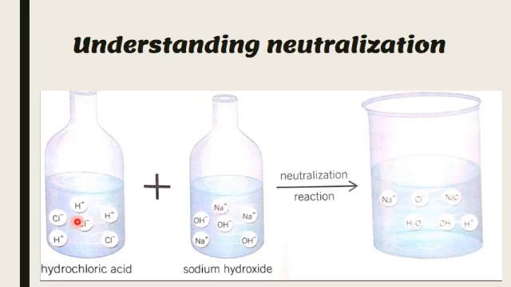When dilute hydrochloric acid, which means it contains more quantity of water, reacts with dilute sodium hydroxide, which also contains a greater amount of water, the hydrogen in the acid is replaced by sodium metal. The salt sodium chloride is made.